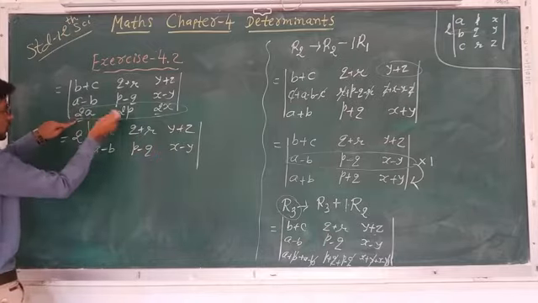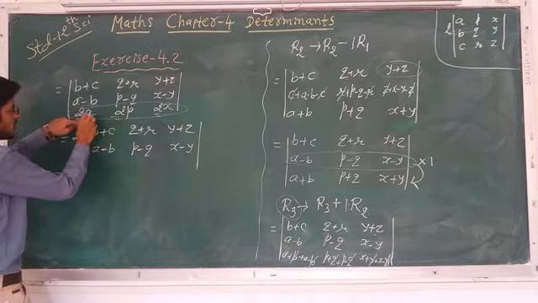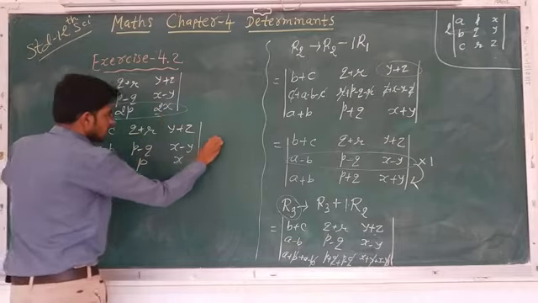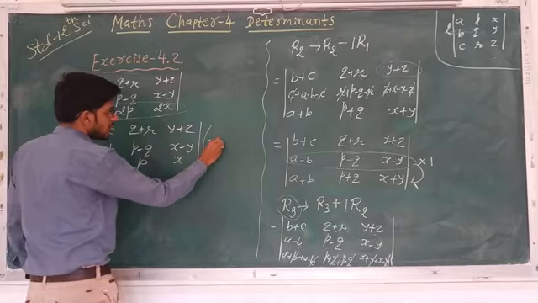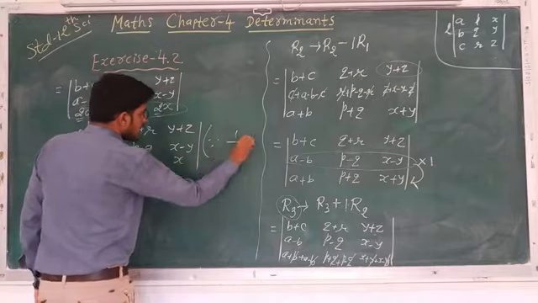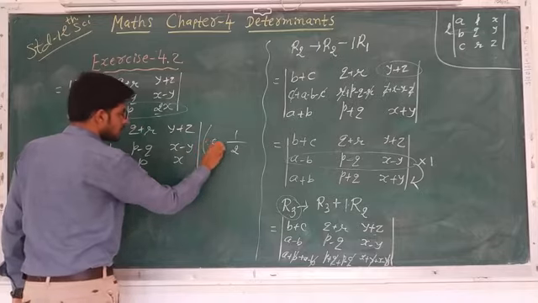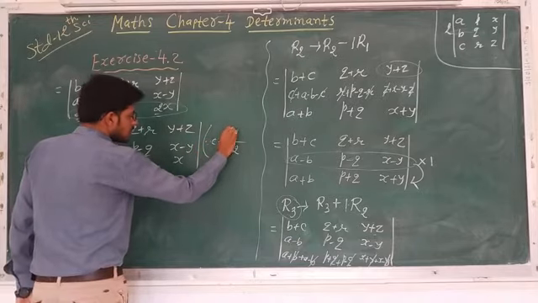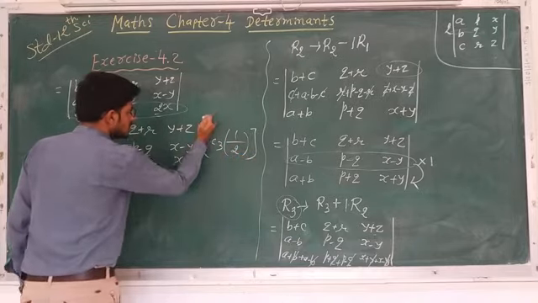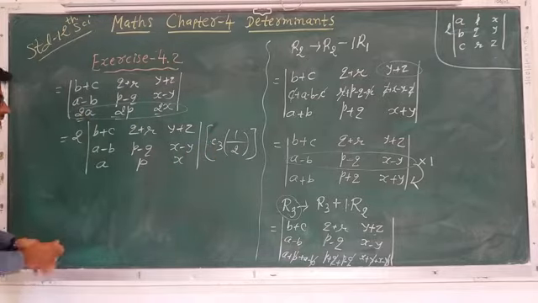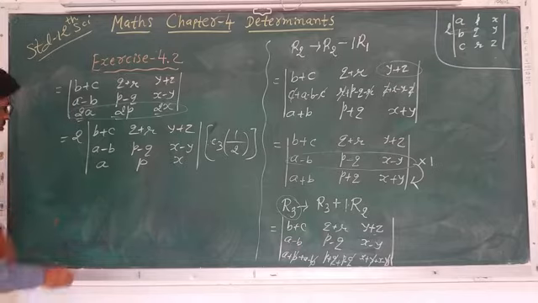So 2 outside, and only a, p, x are remaining: a, p, x. The result we will write here as 1 by 2 from the third column. We take the common factor from the third column, so C3 in bracket 1 by 2. We divide by 2, or take out common 2. Okay. What is the next step?